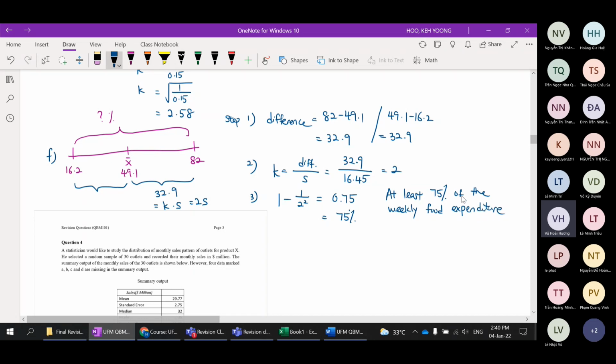So at least 75% of the weekly food expenditures are within, okay, this is a copy from the question here, within 16.2 and $82. Okay, any questions?